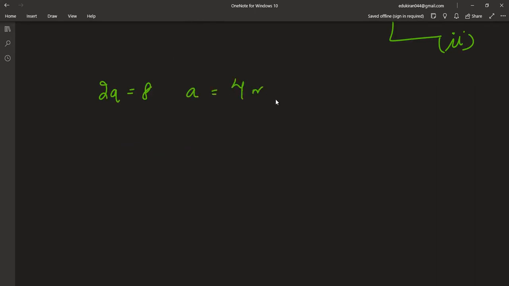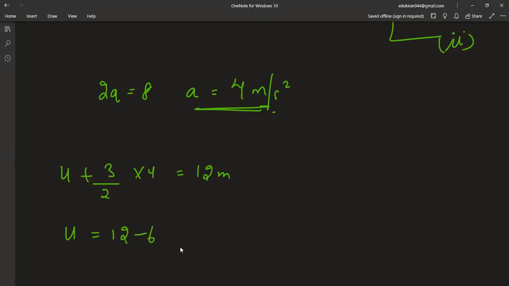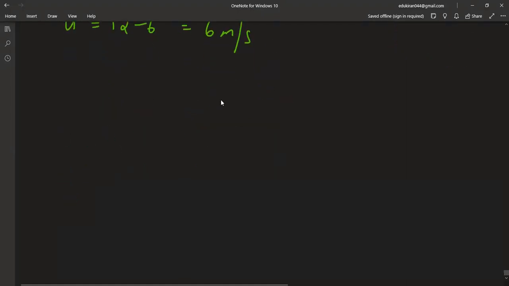Acceleration becomes 4 meter per second square. So u plus 3 by 2 into 4 gives 12 meters, and u will be 12 minus 6, 6 meter per second. And when you want to find out distance covered in 4 seconds after 5 seconds, same thing you can apply. One more method is there.